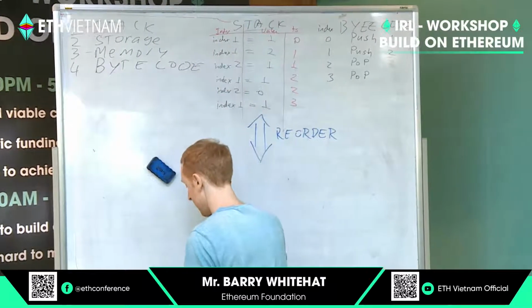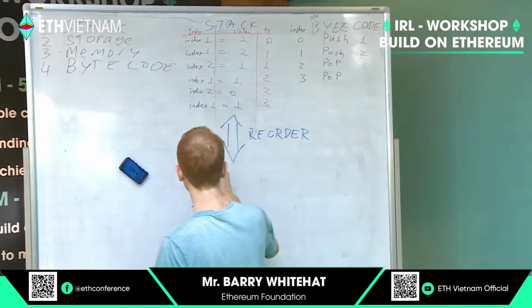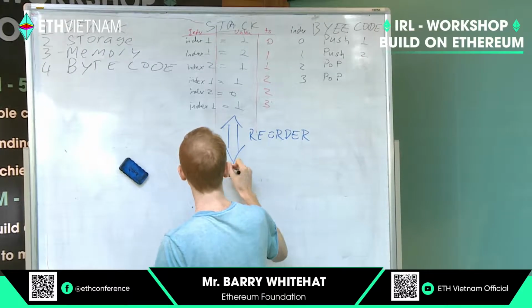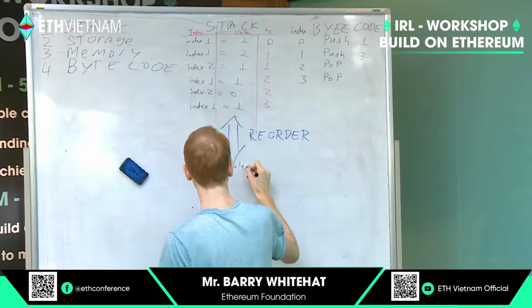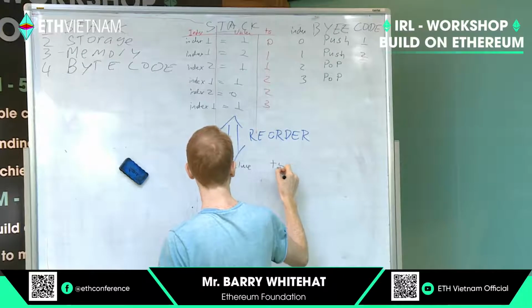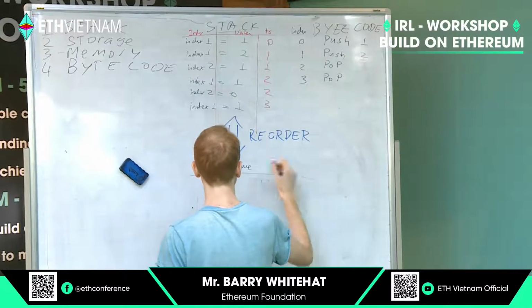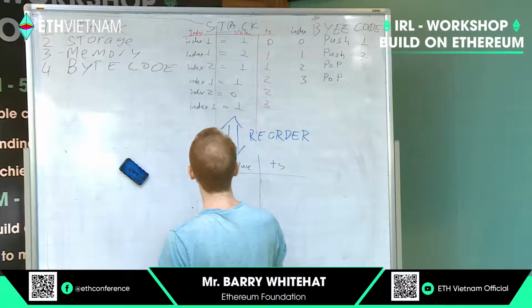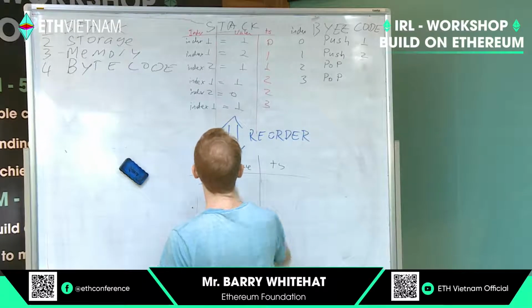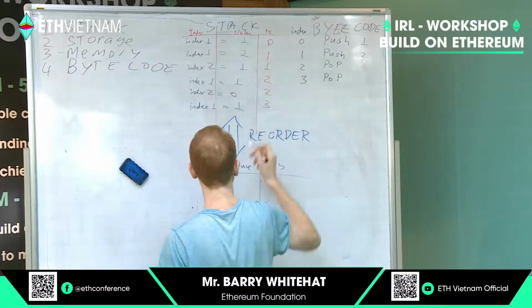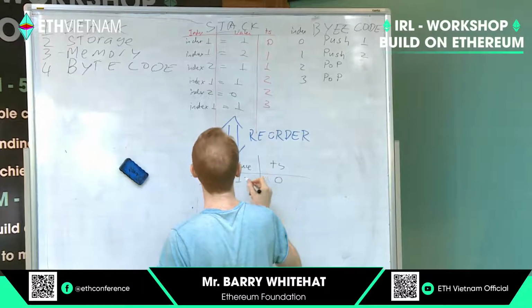Reorder of index, value, timestamp. Okay, so let's start with index 1. So index 1, value 1 is 0.